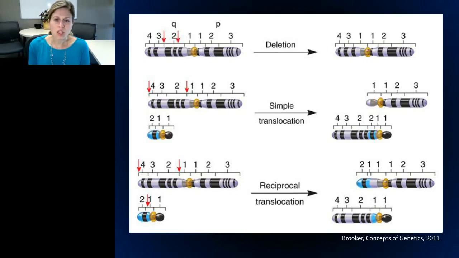A simple translocation is where there is just going to be one region of one chromosome here on this end that is going to, and on this end as well, there's going to be these two regions that are going to flip-flop. Or rather, I'm misspeaking myself. With a simple translocation, we just have this one region on the end moving on to the other end of one other chromosome. A reciprocal translocation is when the two regions flip-flop.